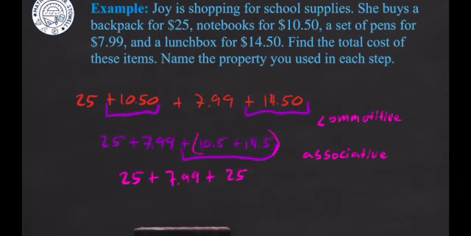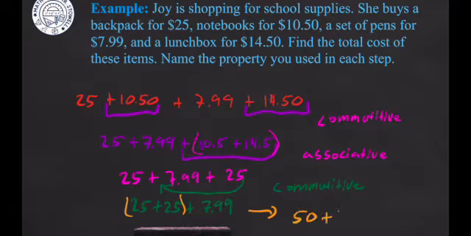Next thing that we're going to end up doing with this, let's use commutative property again. Let's switch this 25 to be up here. 25 plus 25 plus 7.99. That's another commutative property. And lastly, well, close to lastly, we're going to associate and do the first two with this one. 25 plus 25 gives us 50.